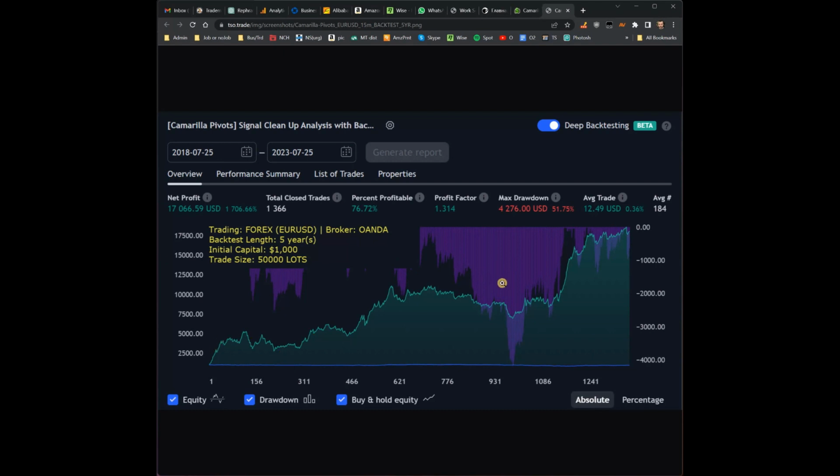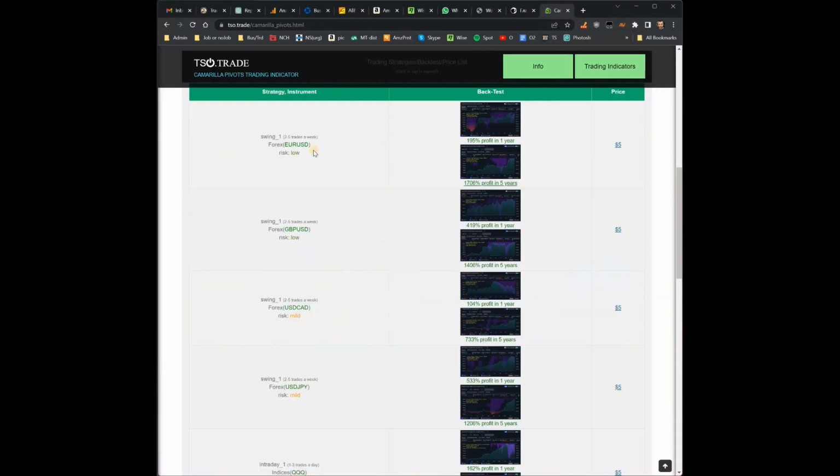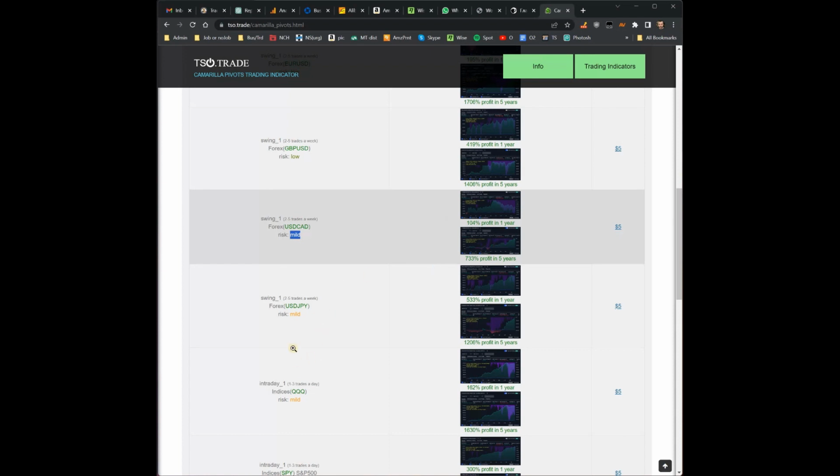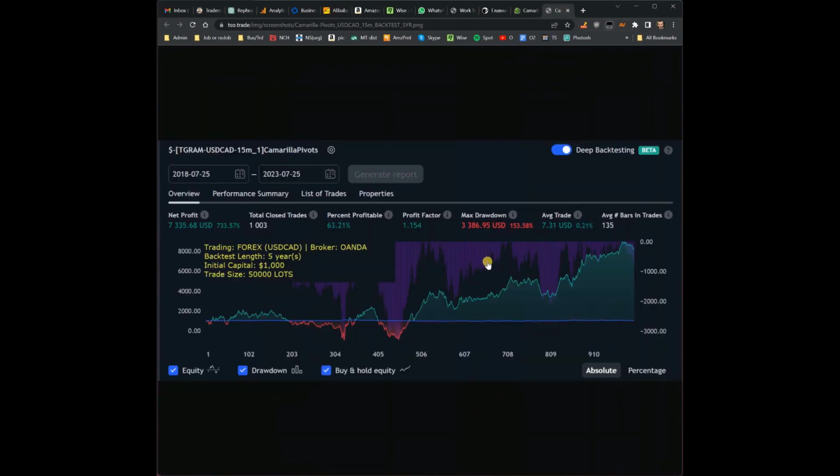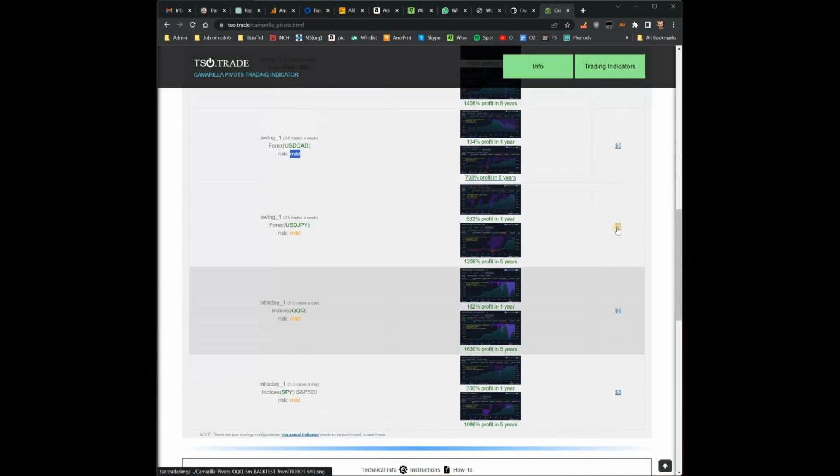This is amazing. This is what I want to see. This is the best picture of what I would trade. And you can see the risk is low. There's mild risk, if there is something like this.